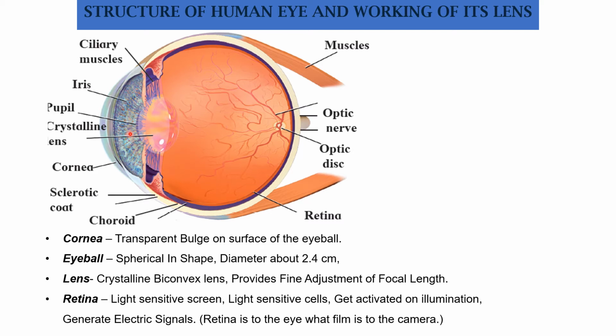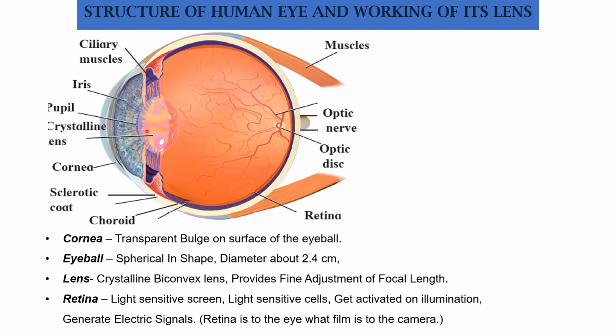Now the muscles of the iris will stretch and reduce the size of the pupil when we are exposed to too much light, whereas the muscles of the iris relax to increase the size of the pupil. So it is the muscles of the iris that control the opening of the pupil. So muscles of iris stretch to reduce the size of the pupil, and they relax to increase the size of the pupil.